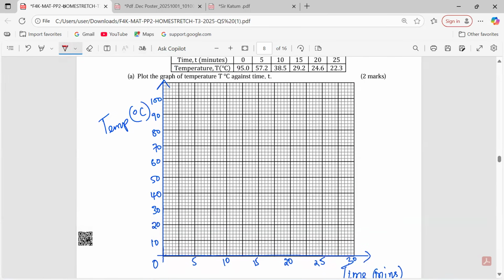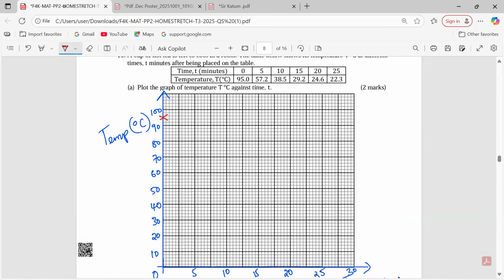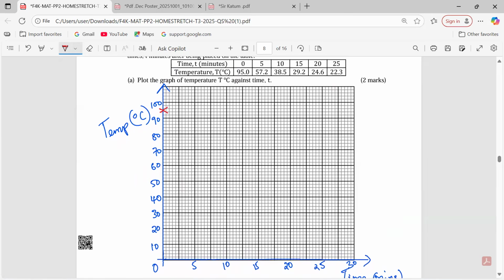Now let's look at the coordinates. 0, 95. It was already at 95 before the cooling began. Then after 5, it was at 57.2, this is 50, 52, 54, 56, 58.